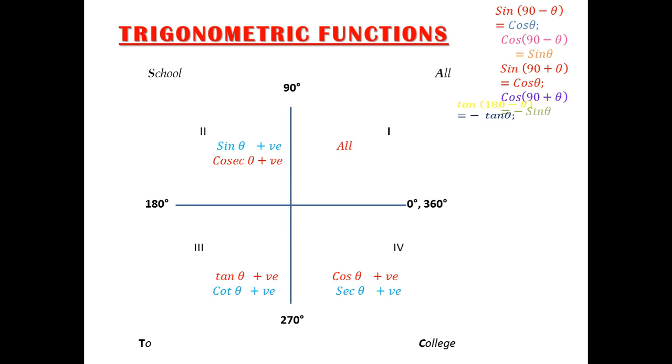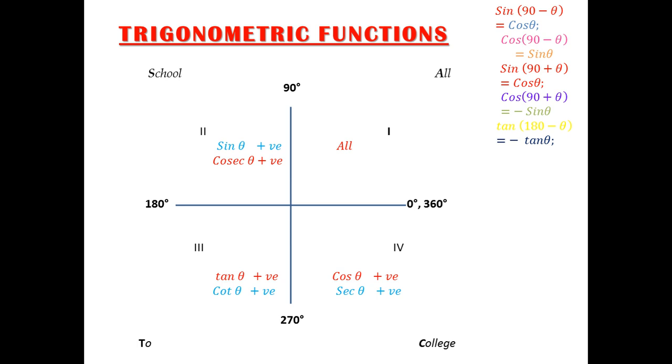Next, tan 180 minus theta. 180 minus theta means second quadrant. At 180 and 360, we do not change our trigonometric function.